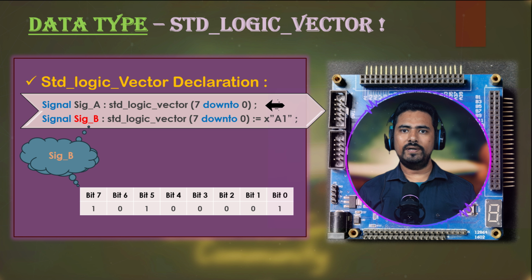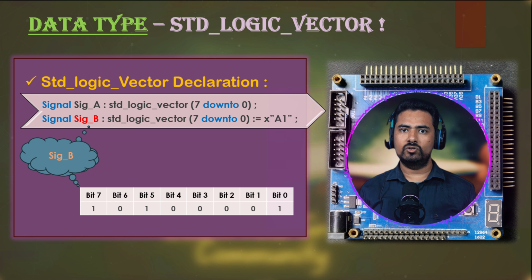Here we see two examples, an 8-bit signal named A and another 8-bit signal named B. The second signal B is initialized with the hexadecimal value A1. Notice the value inside the double quotes. The bottom of the slide highlights the bit ordering, where index 7 represents the most significant bit, MSB, and index 0 represents the least significant bit, LSB.